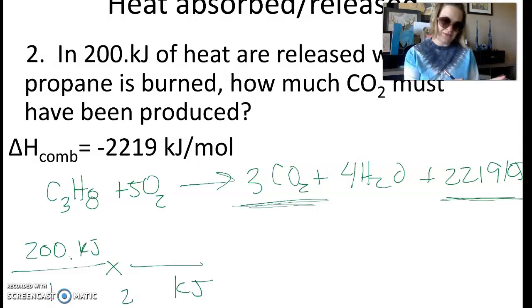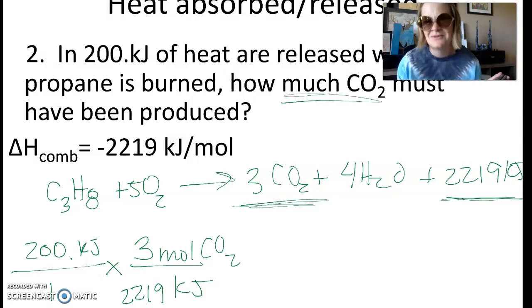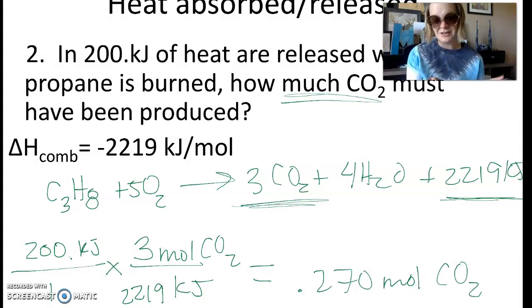So I'm going to write 2,219, and that's when 3 moles of CO2 are produced. I didn't specify what we were solving for, so I'm going to leave it at moles. I'm going to write 0.270 moles of CO2, but if I had asked for grams, you would just do the next step and take the moles and turn it into grams.